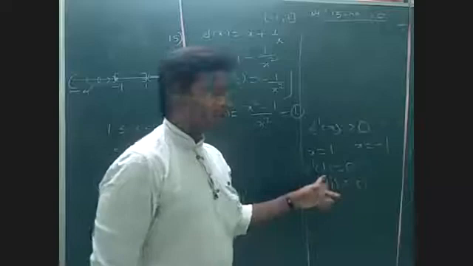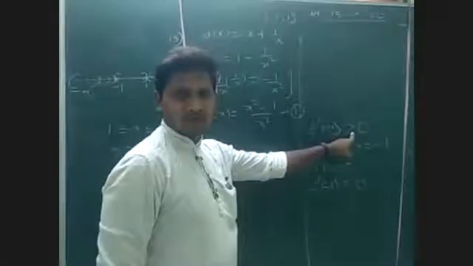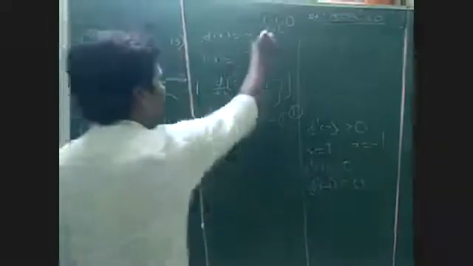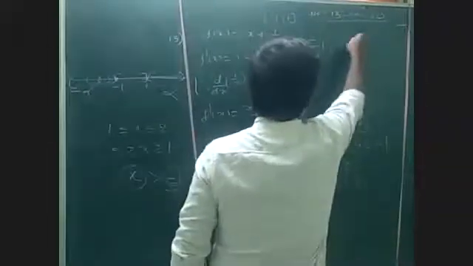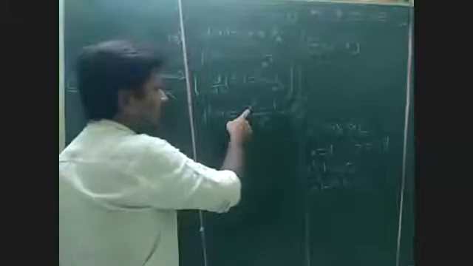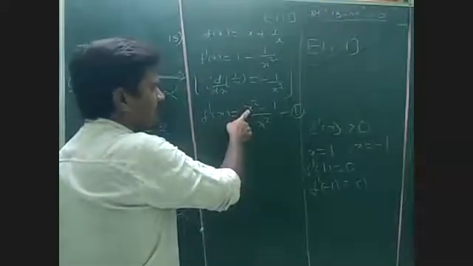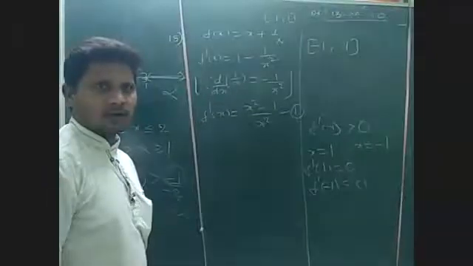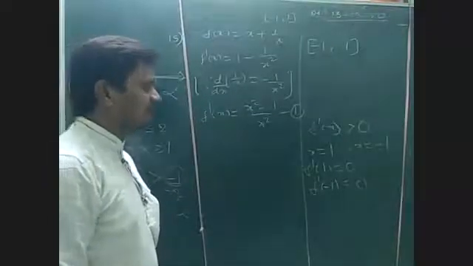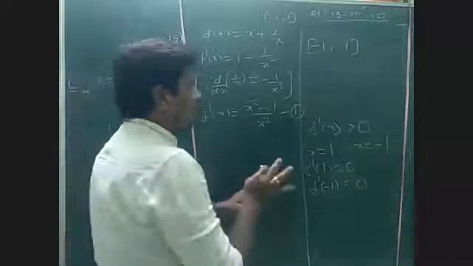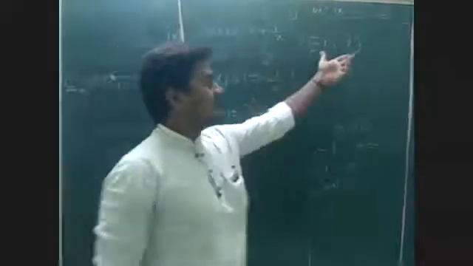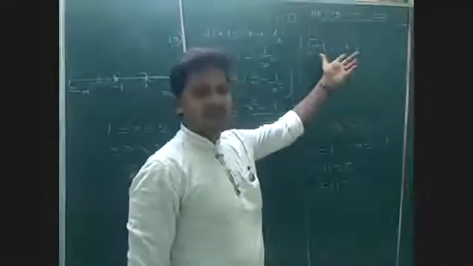It should be greater than 0, not equal to 0. If I even substitute 0, we'll get -1 by 0, undefined. So we get an undefined value, so the function is not increasing in this interval, because it must be strictly increasing.